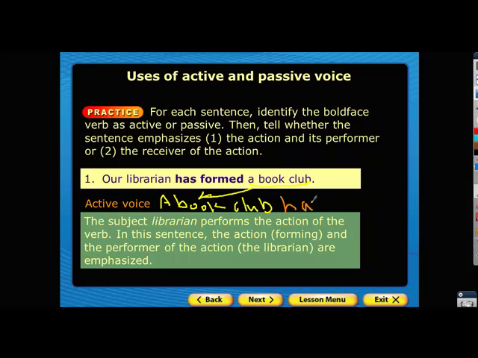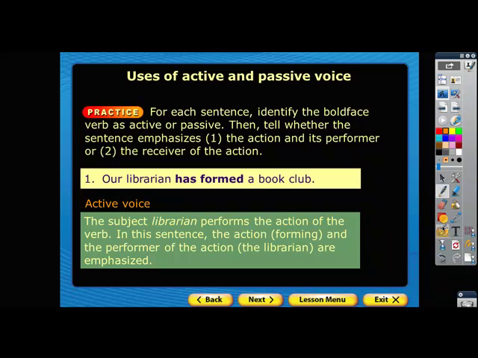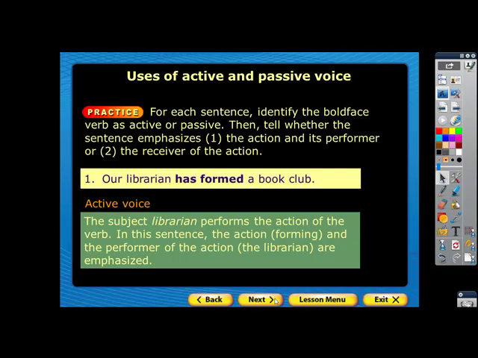Verb to be after has, have, had, yes, comes been, and the past participle of the main verb, formed, by our librarian. A book club has been formed by our librarian. Simple, right? But let's move to the next one.